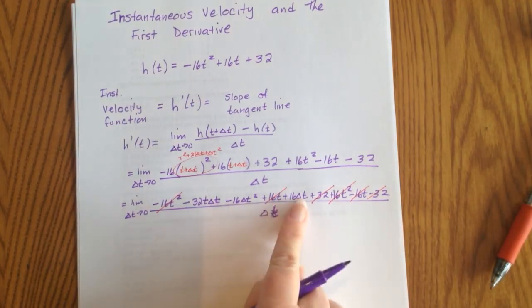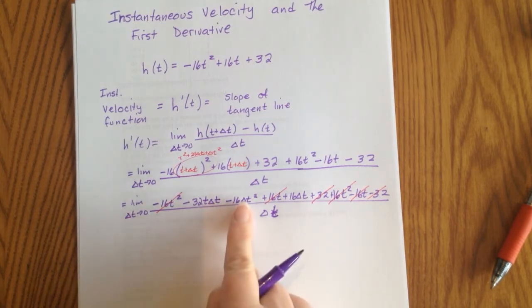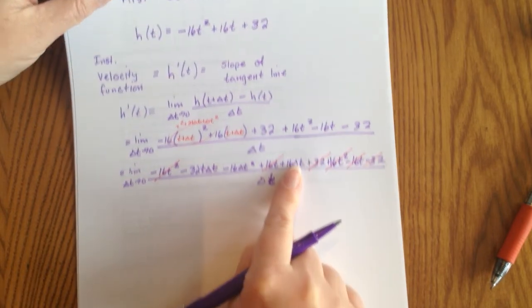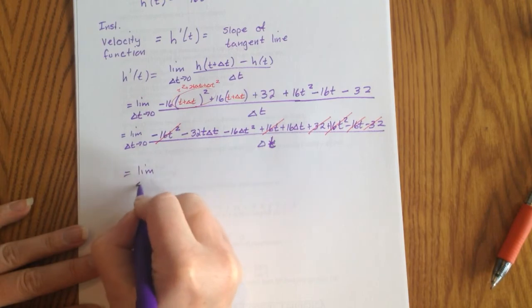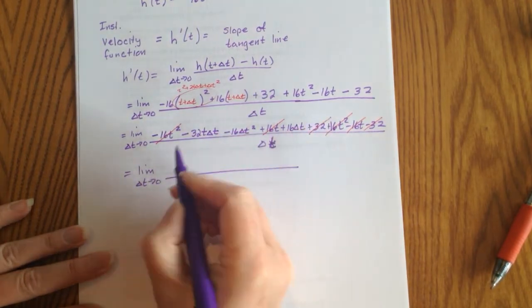All right, look at it. Every remaining term in the numerator has a delta t. What was our goal? When we get 0 over 0, we want to factor, cancel, plug back in. I can factor out a delta t. And because I can, I will. Limit delta t approaches 0. You still writing it? You should be. Delta t comes out.